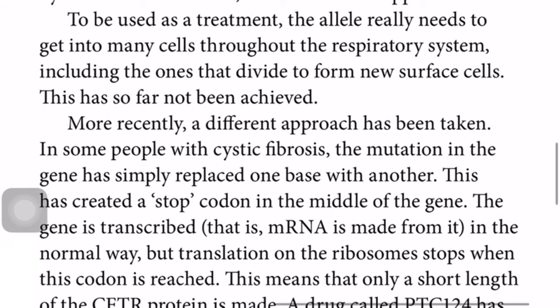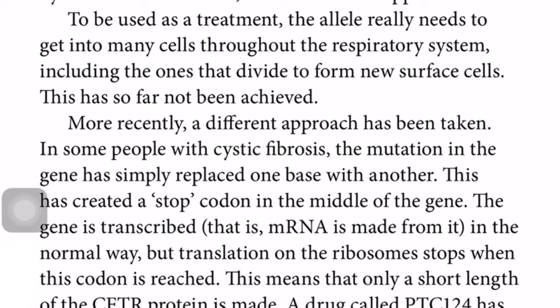To be used as a treatment, the allele really needs to get into many cells throughout the respiratory system, including the ones that divide to form the new surface cells. This has so far not been achieved. In therapy, it is not a permanent solution. Thus, it is not a treatment, it's just a therapy.